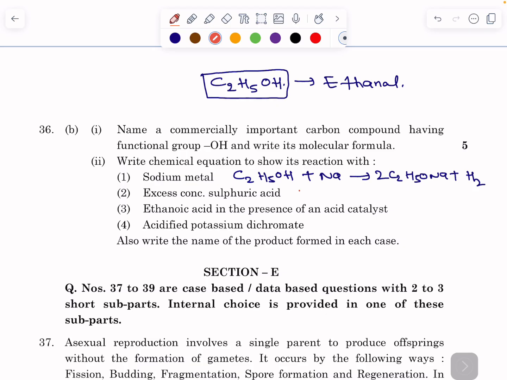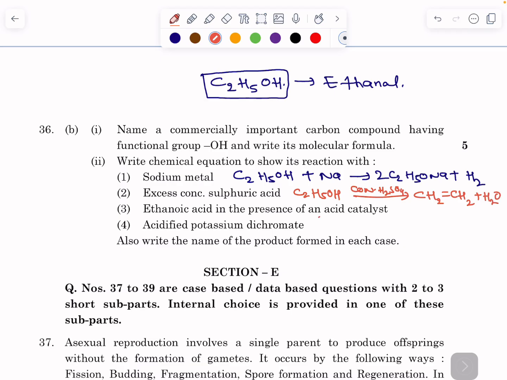Now C2H5OH on reaction with excess concentrated H2SO4, this is a dehydrating agent. So after removal of water from the ethanol, it will form ethene molecule. Along with this, water molecules are also formed.